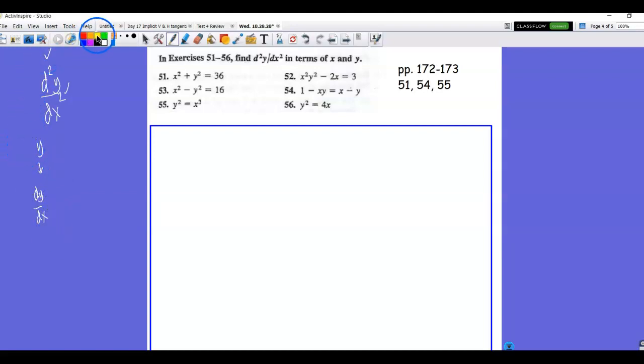So what we just did there, the operator is to take the derivative with respect to x of y. So if you do that, you can see that that would become dy/dx. All right, so that's why we get that as our result.